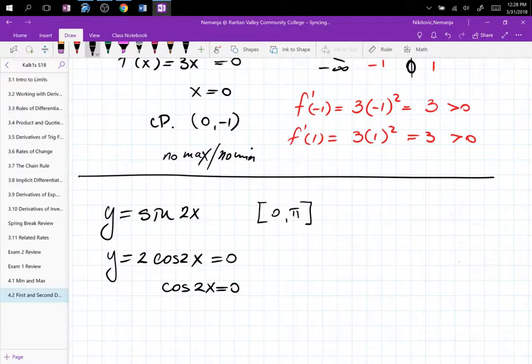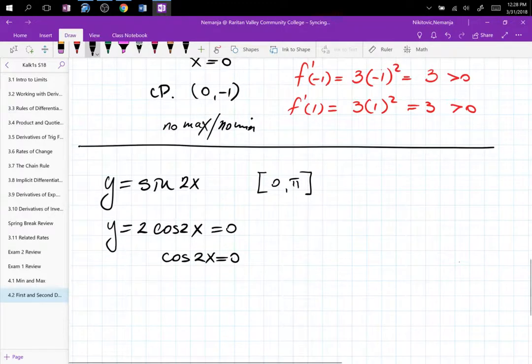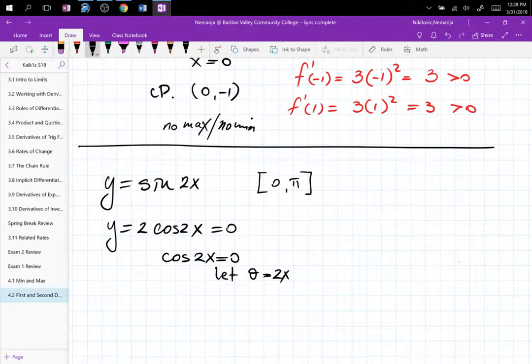For instance, you can make cosine theta equals 0, solve that, and then say theta equals 2x, and then, well, let's do it that way. Since you already have the graphical solution from previous time I did trig, let theta be 2x. So now you are solving cosine theta is equal to 0. The theta solutions are pi over 2 and 3 pi over 2.